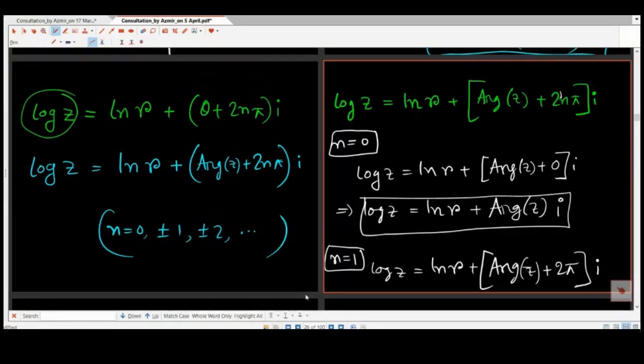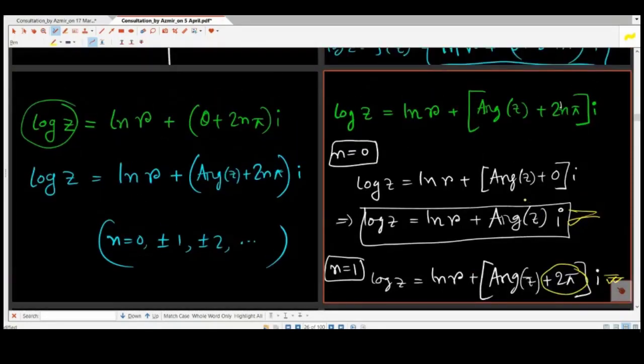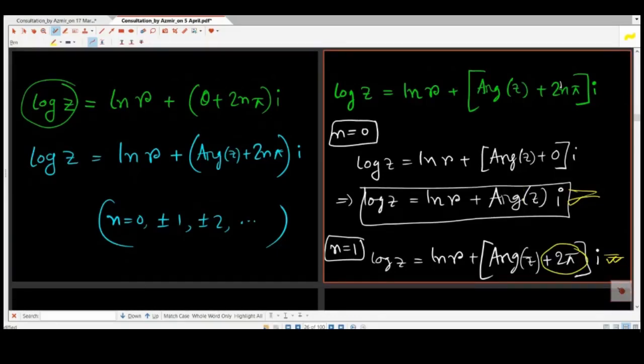So this time we can see that the result that we have found here is not the same as this one. We have an extra 2 pi here. So that means this output and this output are not the same. So we can understand that complex logarithm has many outputs. So that's why complex logarithm is a multiple valued function.